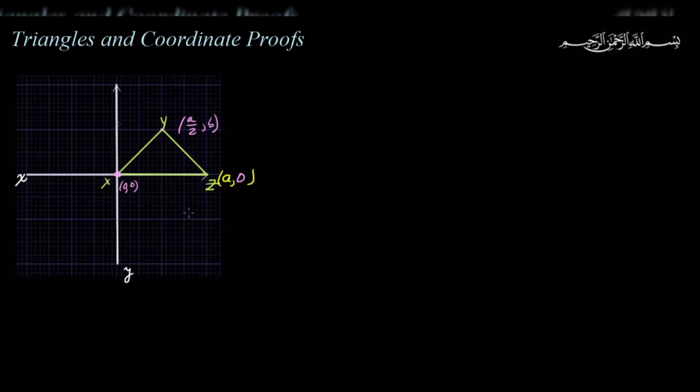We can use algebra to prove mathematical concepts, mathematical theorems, or whatever else that is of our interest. So using the coordinate plane, we can actually prove many geometric concepts, and that's what we shall talk about today.